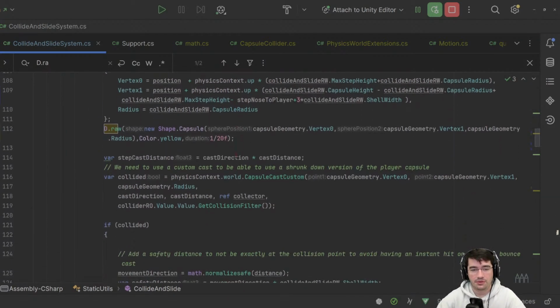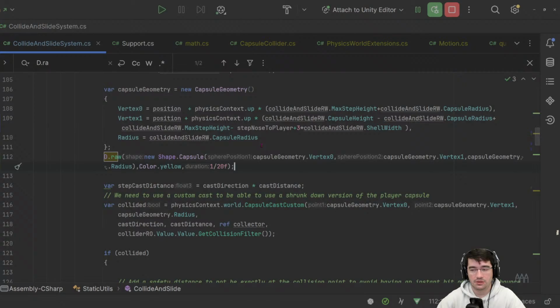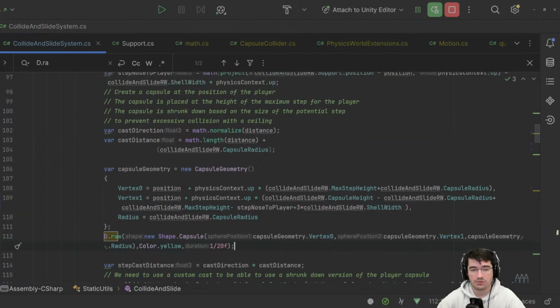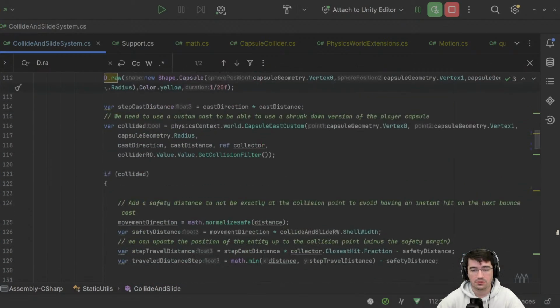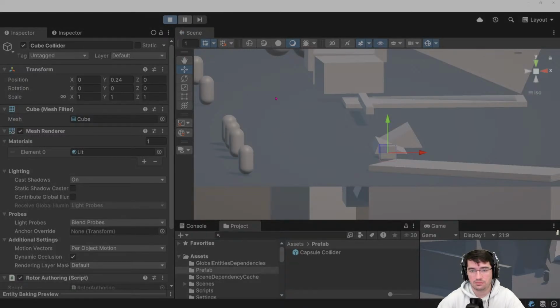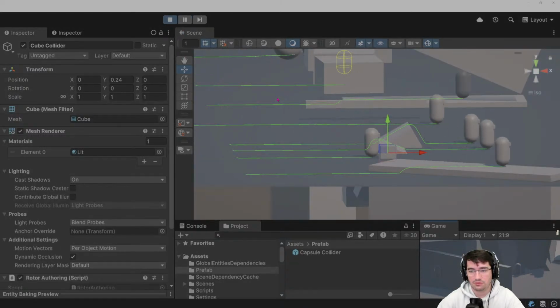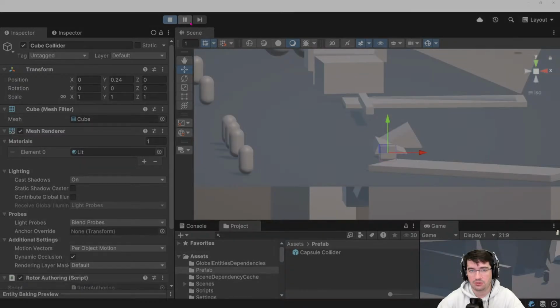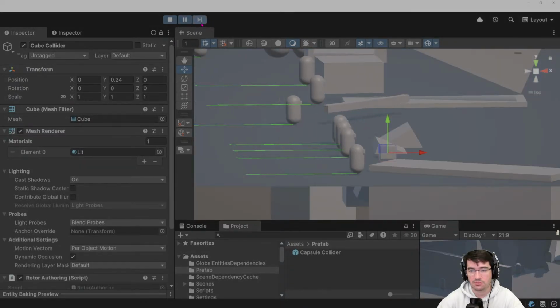I'm not even drawing the capsule, so am I not considering this as a step at all?